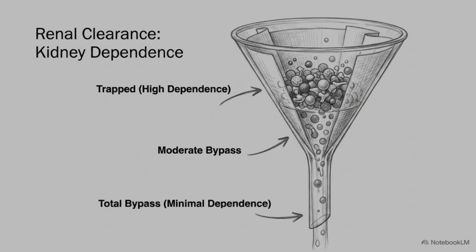Among all the anticoagulants, there are a couple of drugs with very minimal dependence on renal clearance. These include unfractionated heparin and vitamin K antagonists. So these are the drugs that are favored in patients who have renal insufficiency. Moderate dependence: apixaban and rivaroxaban.